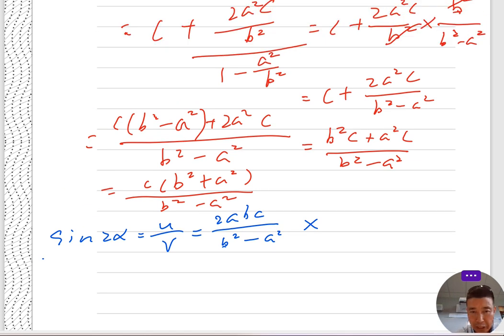So the reciprocal of this, which is B squared minus A squared over C times B squared plus A squared.